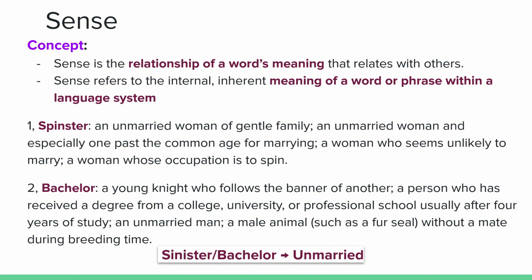So the point of bringing up those two words is, firstly, those two words can be defined lexically. That means they have sense. Also, those two words have a common meaning. That is, both the word spinster and bachelor refer to an unmarried person.